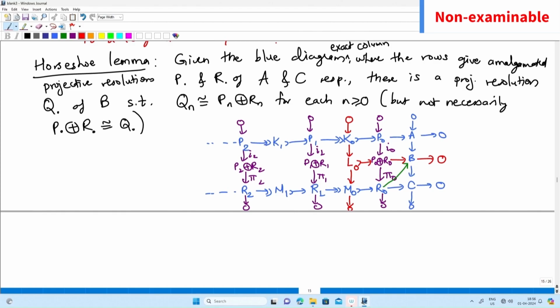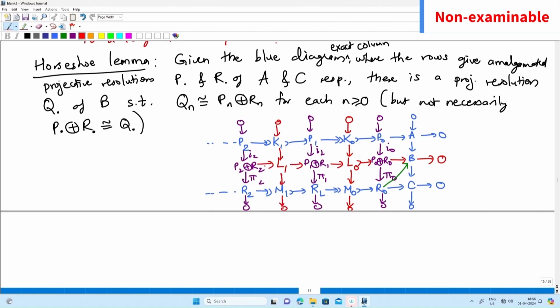Okay, now hide this entire part and imagine that this were your A, B, C, 0. Now you can repeat the process. Once again this L0 to M0 is surjective, so therefore you will have a map here and then you take the sum and you can continue this diagram backwards. Okay.